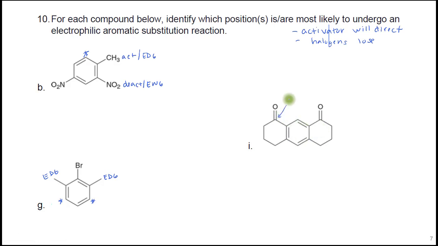This ketone right here is electron withdrawing, as is that one. But then we have these alkyl groups, and those are electron donating, and they're ortho-para directors. So the ortho position to that is this one, which also happens to be meta to the carbonyl. So we're going to have a match situation there.